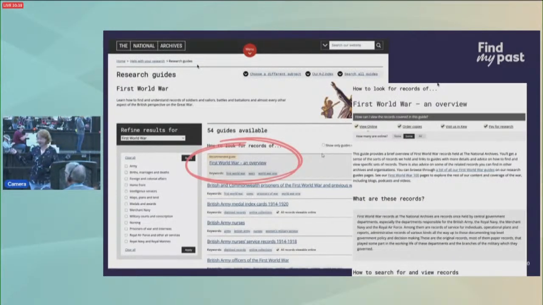They have, as you can see on the list, an overview, but also material on nurses or service records, officers' information. So they break it down in quite a lot of detail and really talk about the background of not just the records, but the people, the organizations they served with, how the records are organized, etc. So first stop for everybody should be scouring the TNA website for all of that contextual information, that educational content.